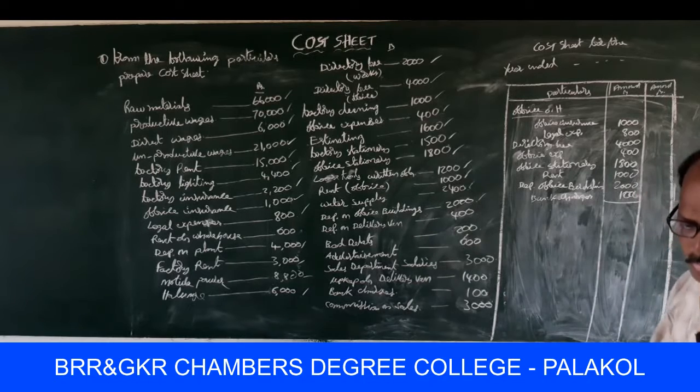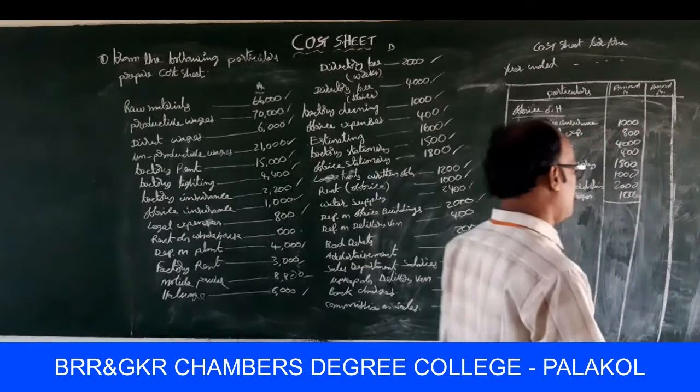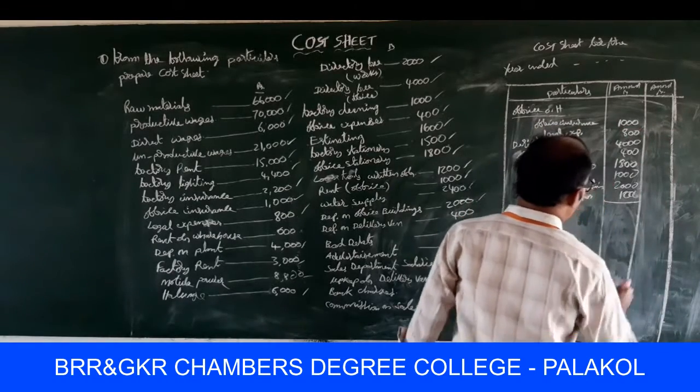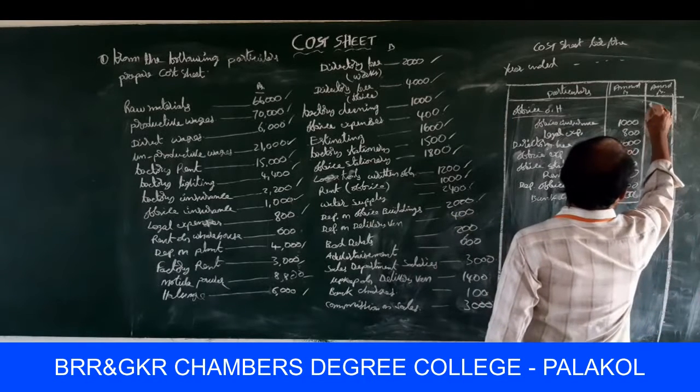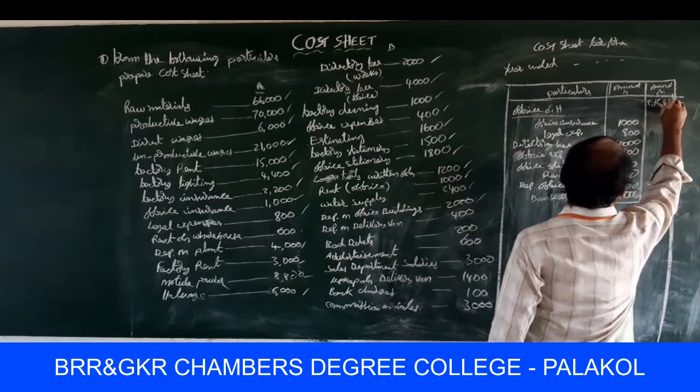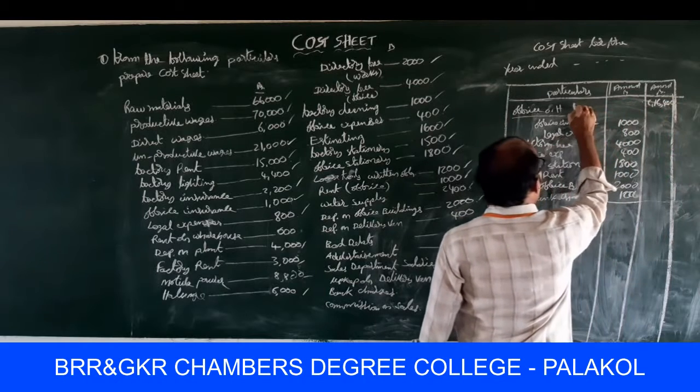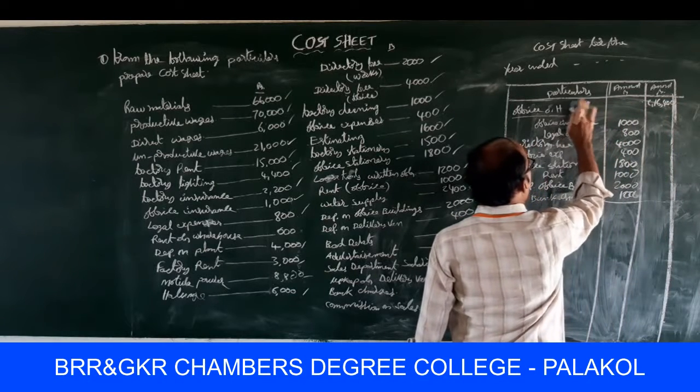What is the total amount of office overheads? Factory cost is 2,16,400, we know very well.